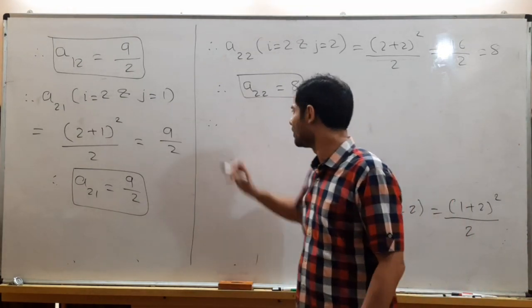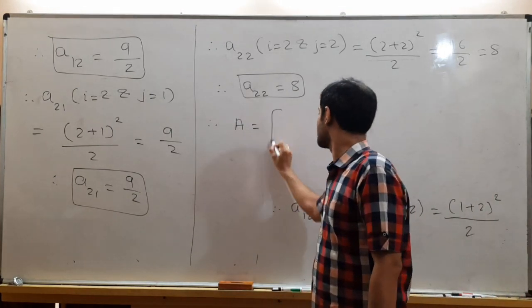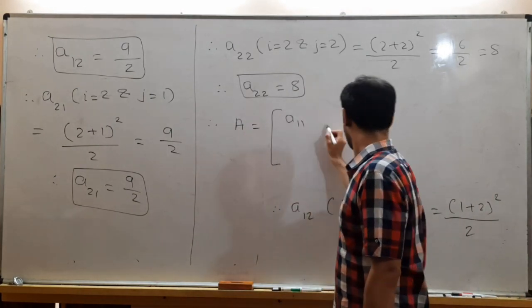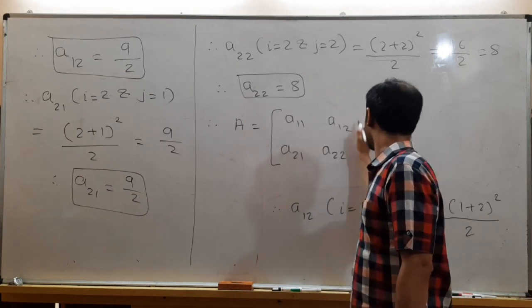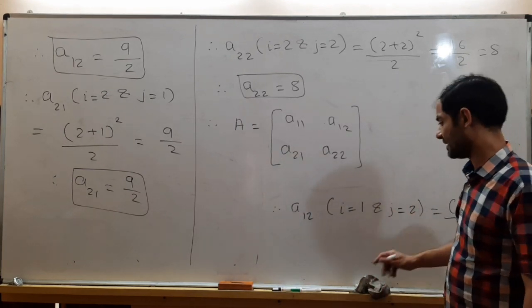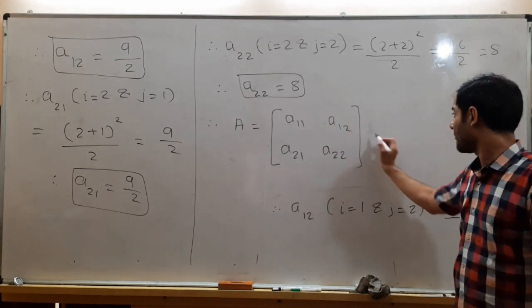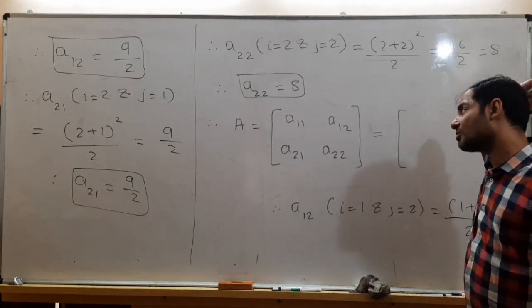So what I will do is write finally the matrix. A was A11, A12, A21, A22. I just rubbed off what was there. A11: 1 plus 1 was 2, 2 square 4, 4 by 2, I think it's 2.